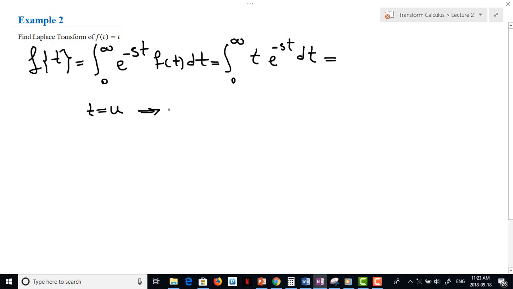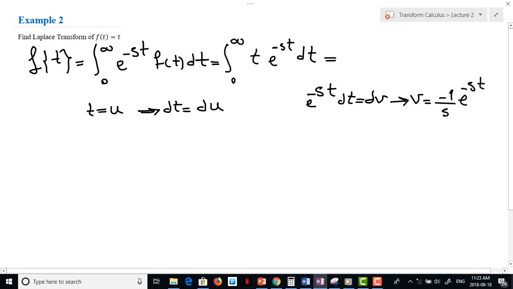As a result, dt is equal to du. And I assume that e to the power of minus st dt is equal to dv. So as a result, v is equal to minus 1 over s e to the power of minus st.